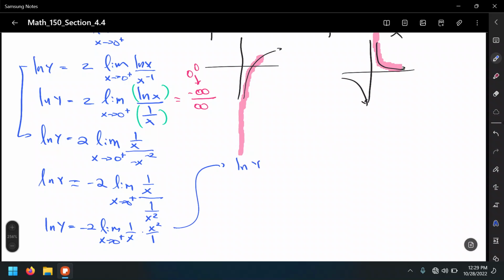So ln y equals, what's this? X squared over x. That's negative 2 times the limit of x as x approaches 0 from the right. What's the limit of x as x approaches 0, times the negative 2?